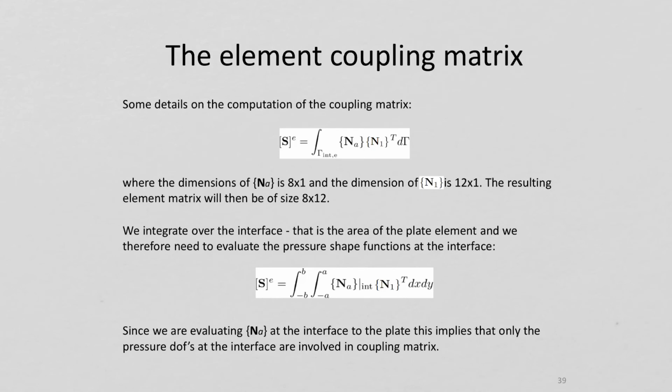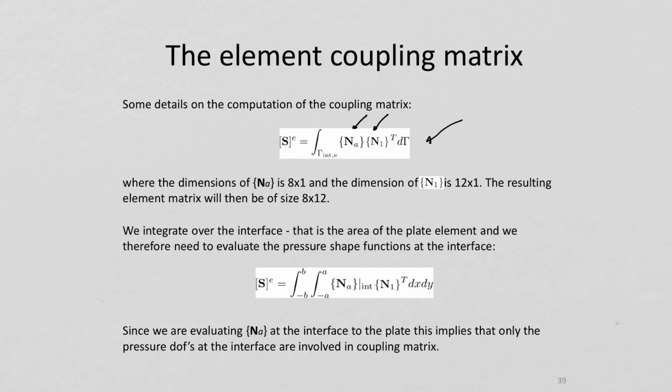Okay, so now a few words about the element coupling matrix, because that's a part of the exercise you need to do today. So we will give some details here on how to actually do this. Going back a few slides, we found this expression for the coupling matrix. As said, it involves the acoustic shape functions.